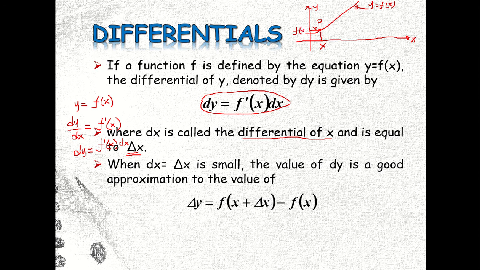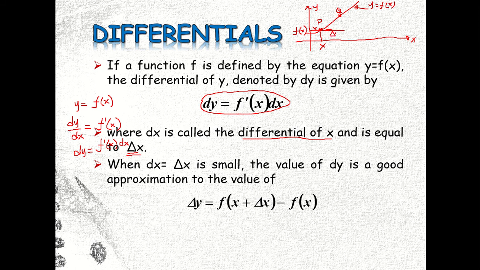Now if we move the point P along this curve, say to this point here, which is our point Q, there is a corresponding horizontal distance, which we normally call delta x.